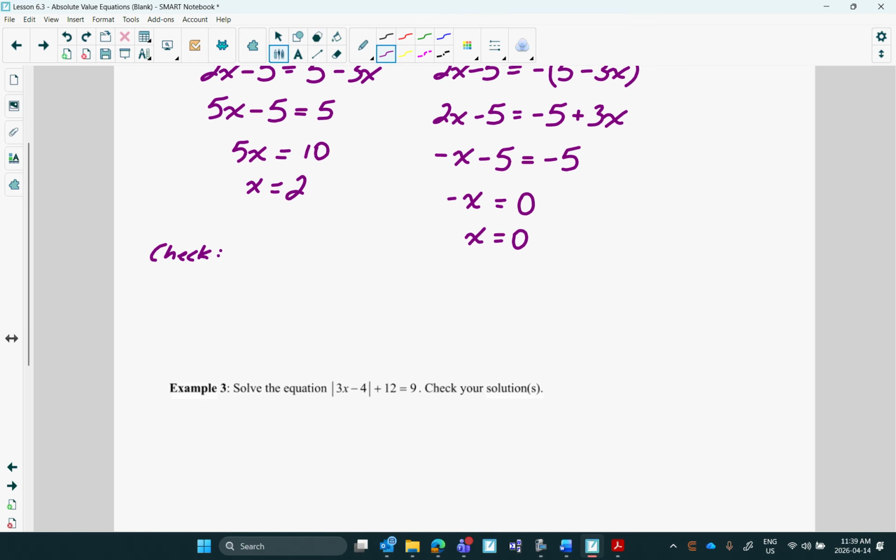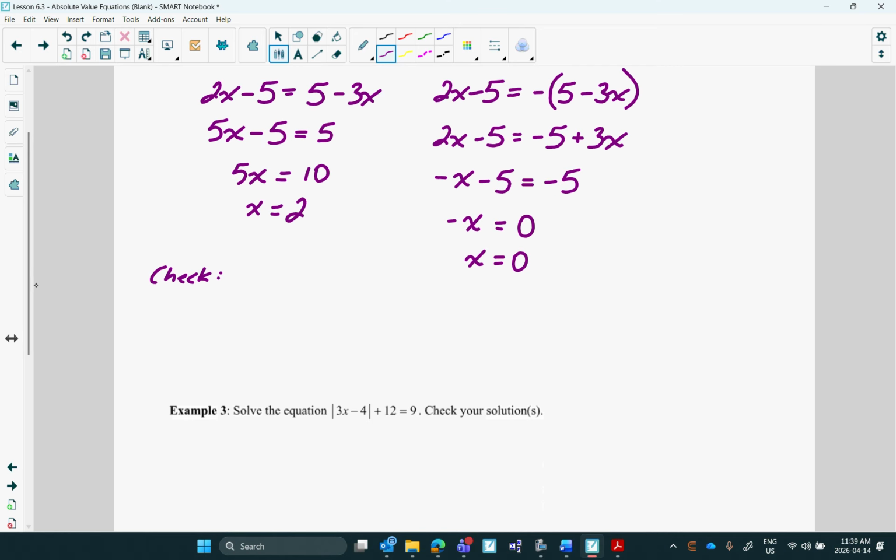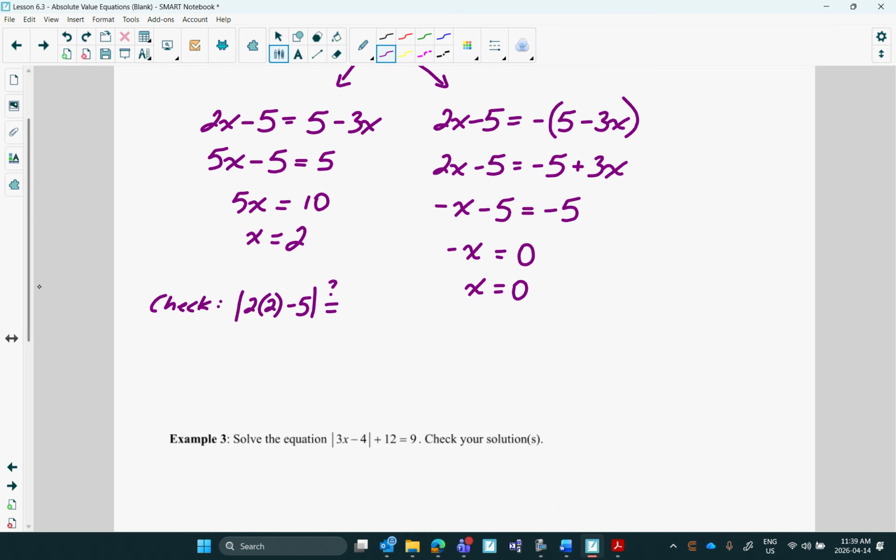So, does the absolute value of 2 times 2 subtract 5 equal 5 minus 3 times 2? What does this work out to?